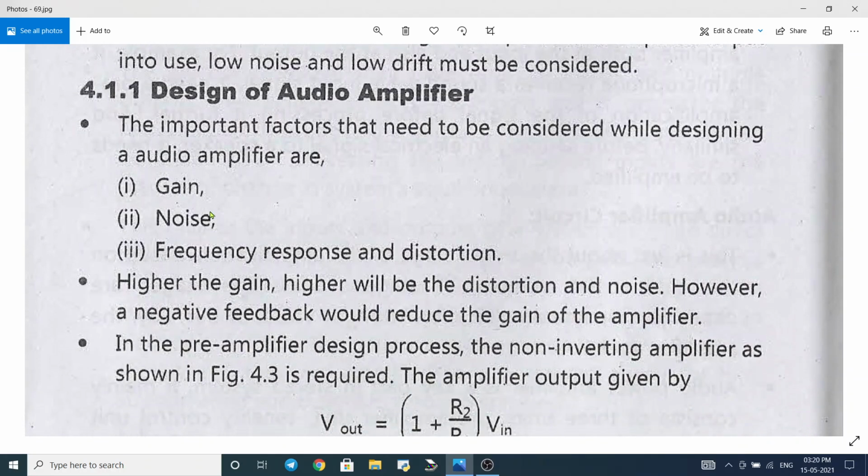And these important factors are, first thing is the gain, the minimum and maximum level of the gain in order to drive the sufficient number of output devices.